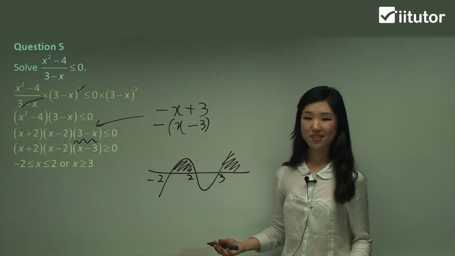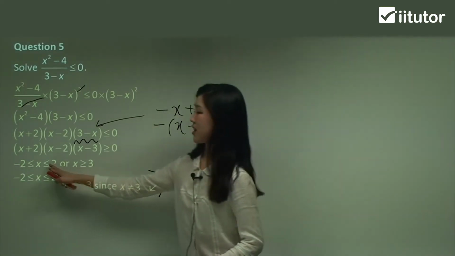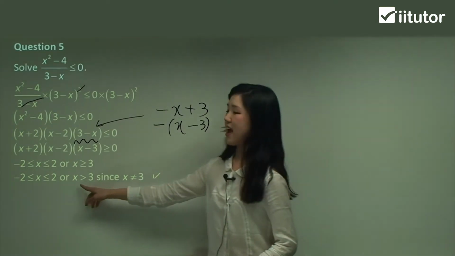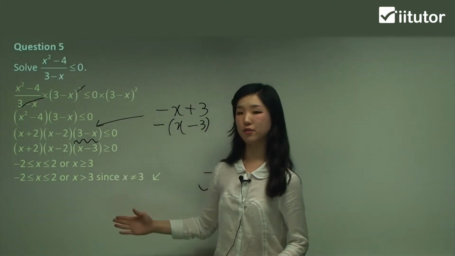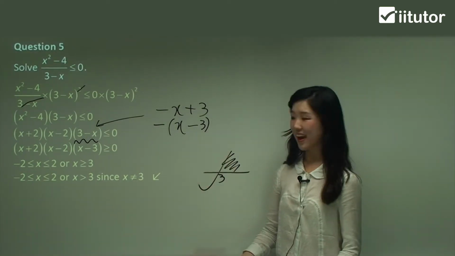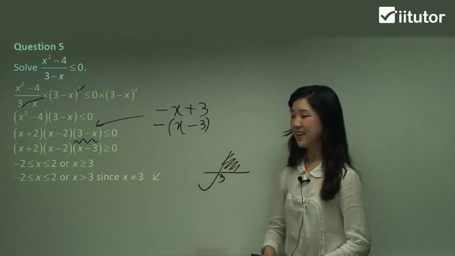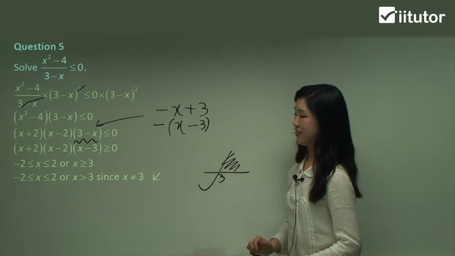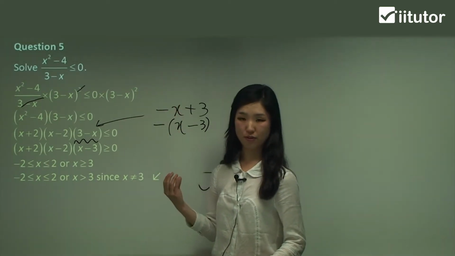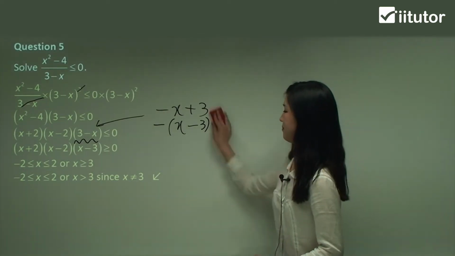We cannot have 0 on the denominator, so we're going to keep this one the same, but this one we're going to have just x is greater than 3, not greater or equal to, since x cannot be 3, because that will make the denominator 0. After you put that step, you may like to just delete that bar to represent the final solution. Again, make sure you always check back to the original question. Alright, so have a look.